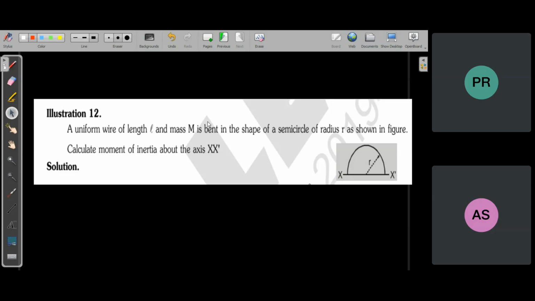Then Iz equals Ix plus Iy. Iz is mr square, correct? And Ix and Iy will be about the diameter. Yeah, it is a half ring.